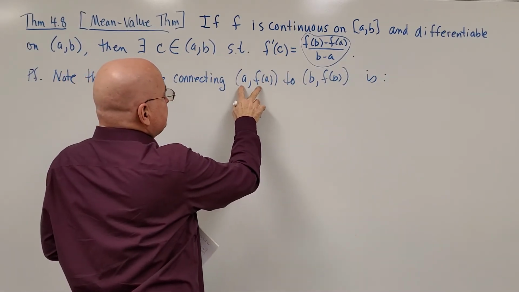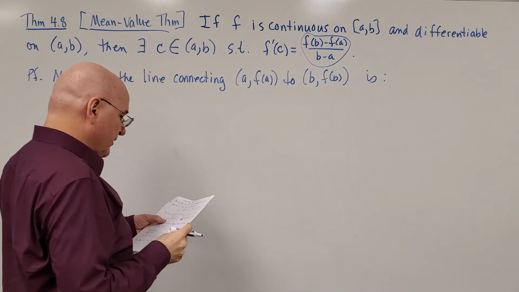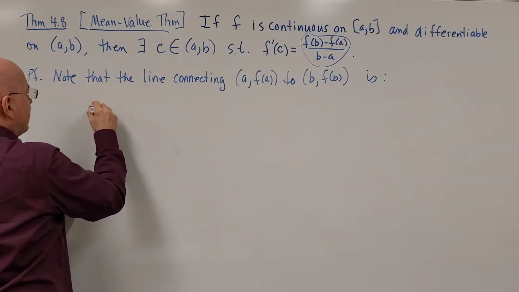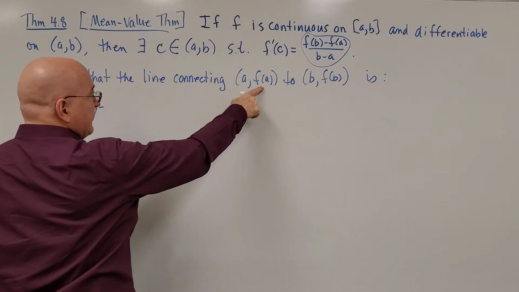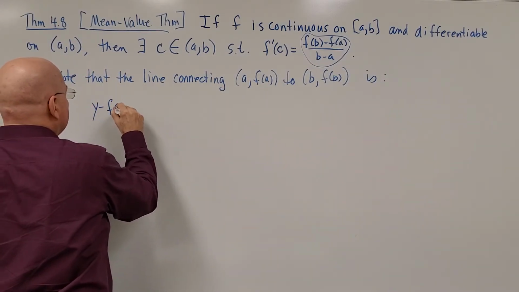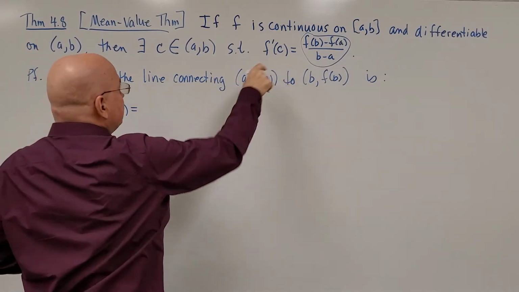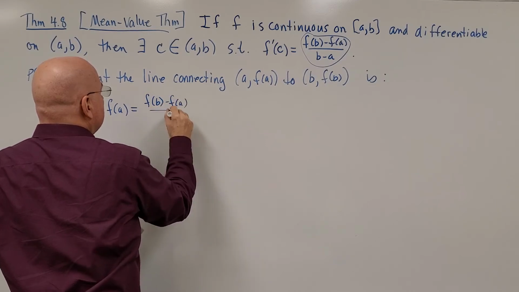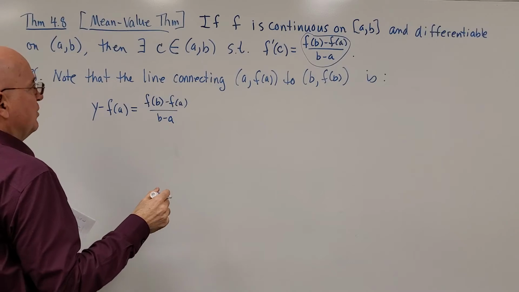We could think of this as being (x1, y1) and (x2, y2), if you remember the formula from pre-calculus. y minus y1, which is f of a, equals m, the slope, which is f of b minus f of a over b minus a, times x minus x1.